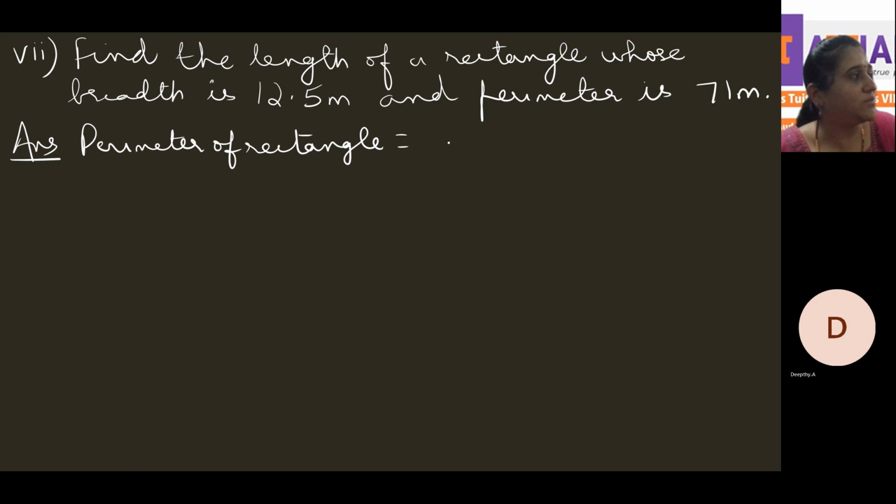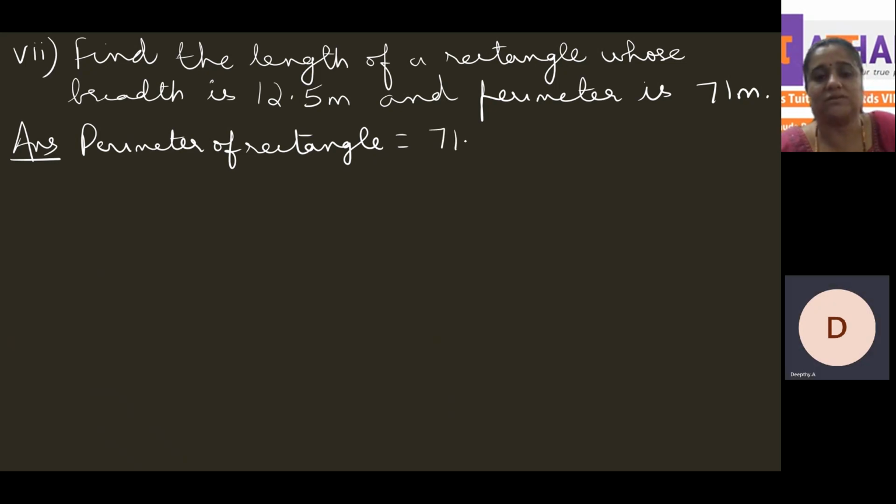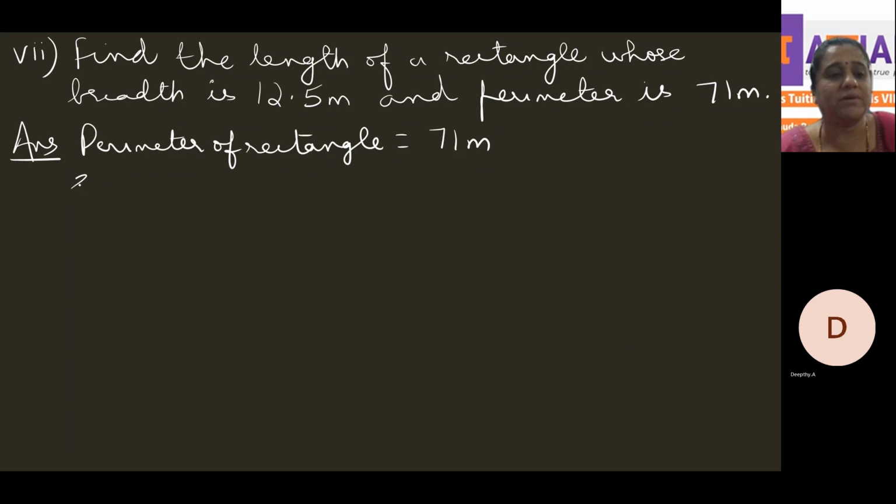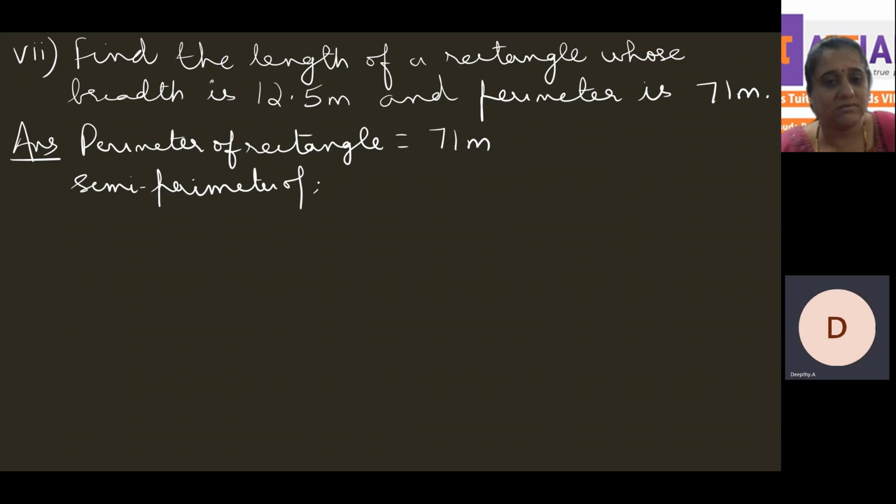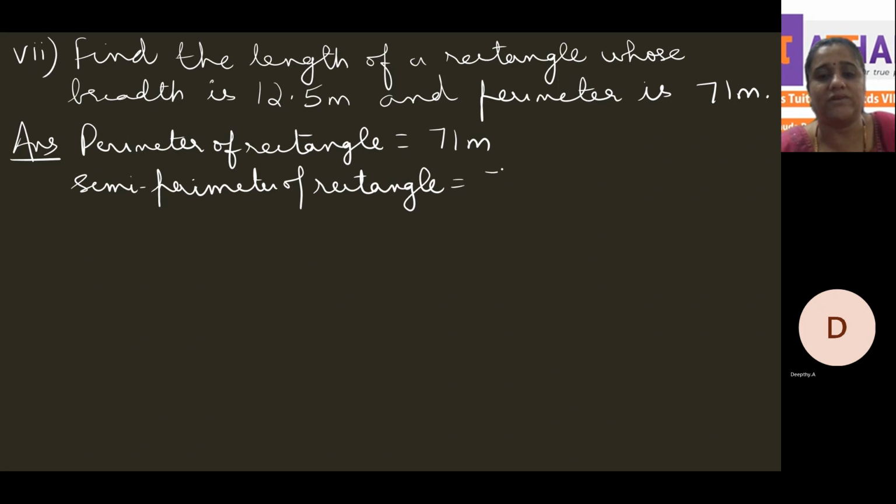What is given? What is the perimeter? 71 meters. Okay, so how will you find the semi-perimeter of the rectangle? Seventy-one divided by 2. Yeah, semi-perimeter of the rectangle is equal to 71 divided by 2. And how much is that? What is 71 divided by 2?